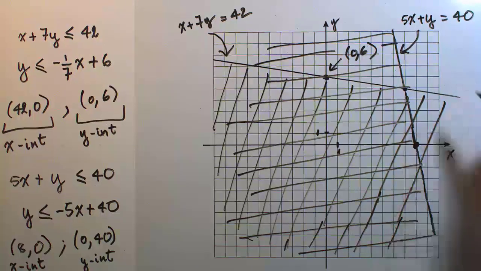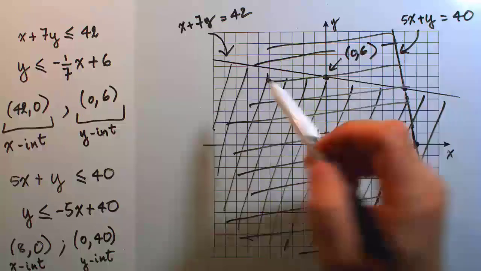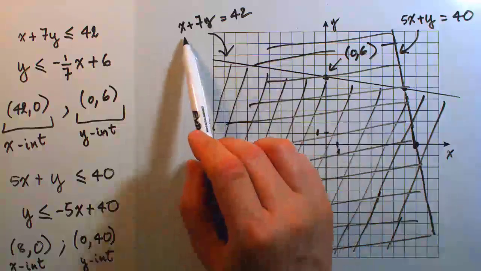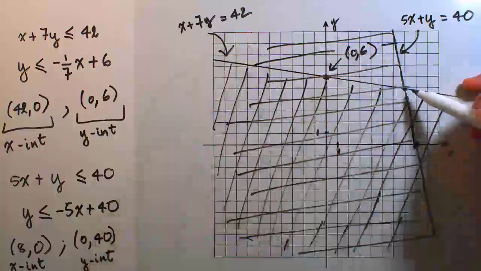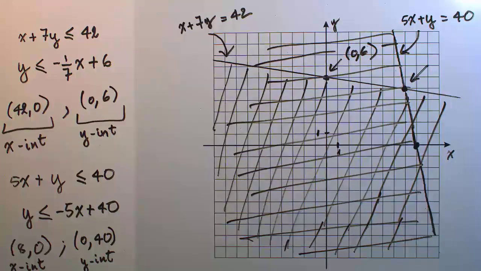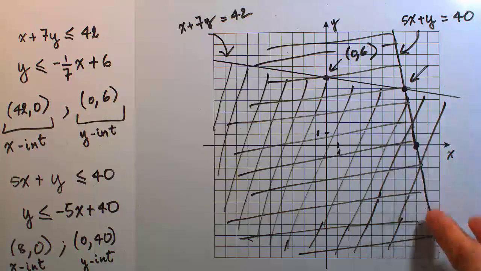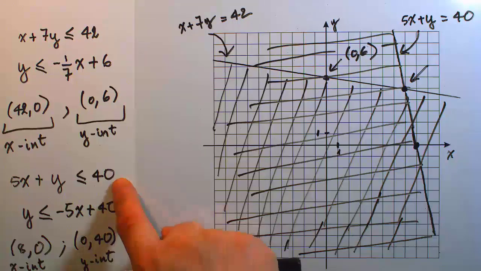And this line 5x plus y equals 40, and the other line that we graphed previously, x plus 7y equals 42, have an intersection right here, and we will find that out later. And once again, this line here needs to be a solid line due to the fact that the inequality came with the equal sign.